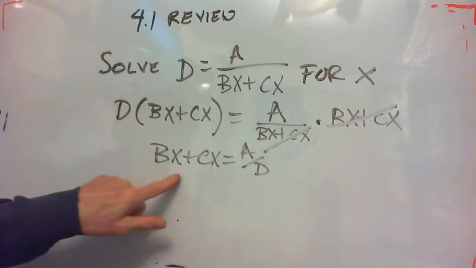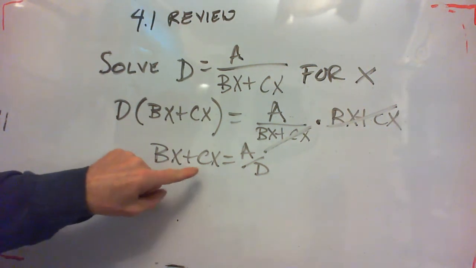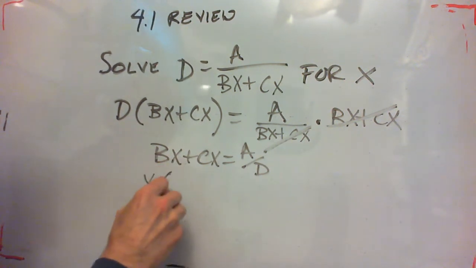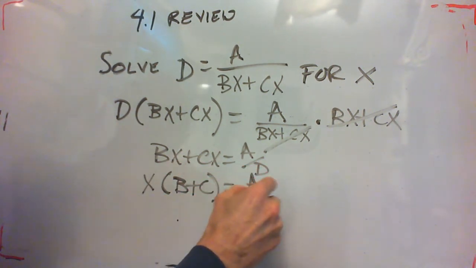So now we have two terms with x in it. Whenever that's the case, we have to combine those terms with factoring. We factor out the x. So x times (b plus c) equals a over d.